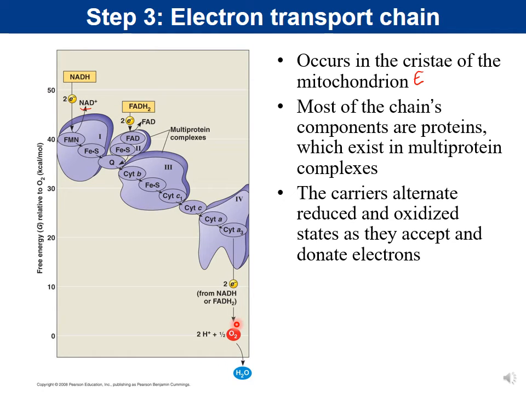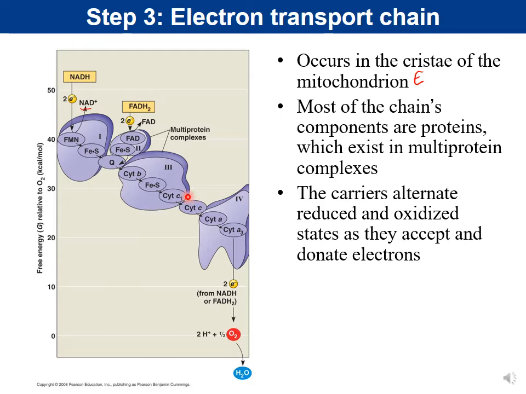So if you ever think about why do you have to breathe? Well, the reason you have to breathe is that you need this O2 to be the final electron acceptor, right? Something has to take the electrons from the chain. So if O2 is not available, the electron gets stuck at this one. And then the electron gets backed up at this one because it can't pass it to the next carrier.